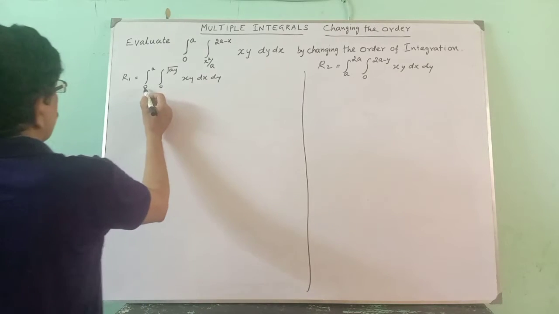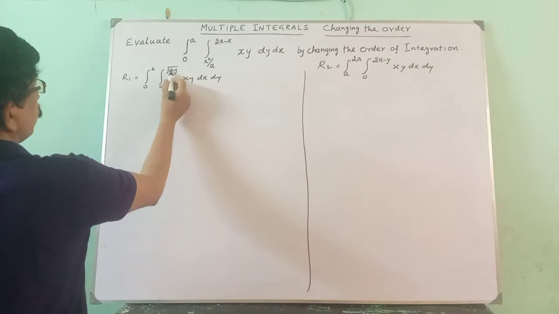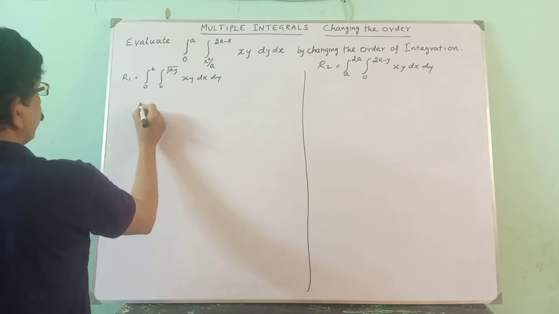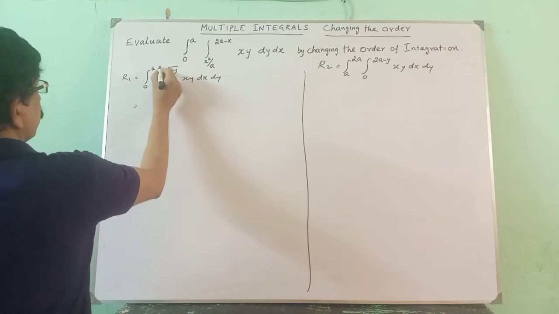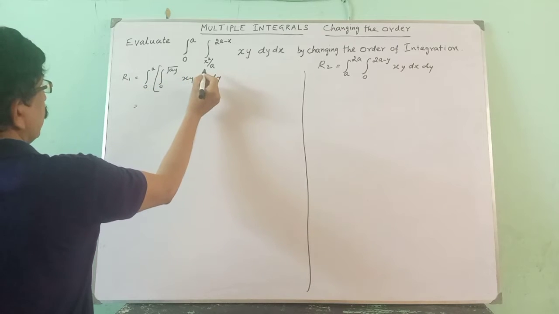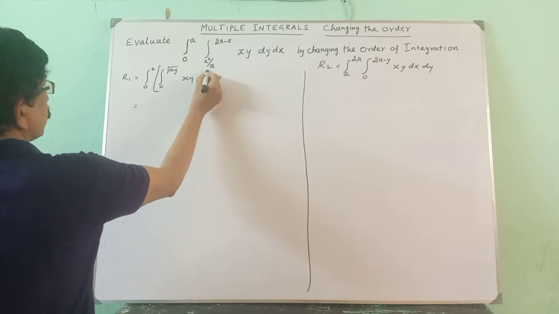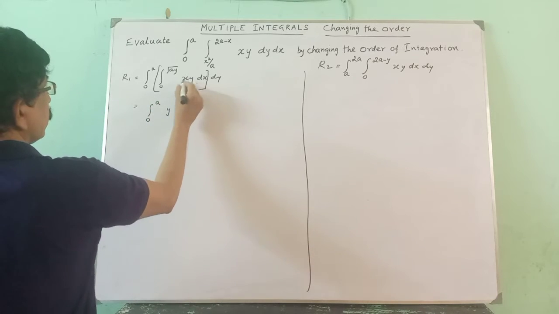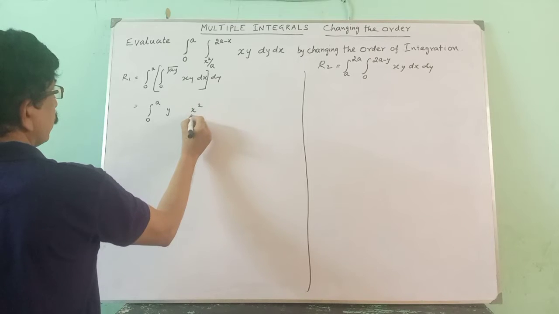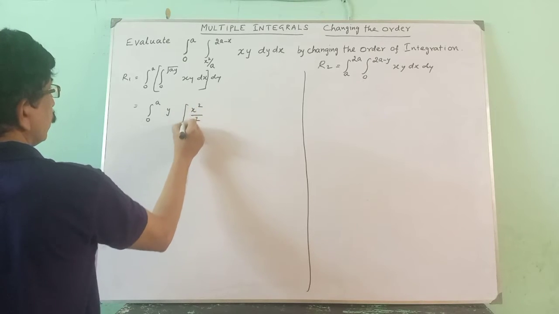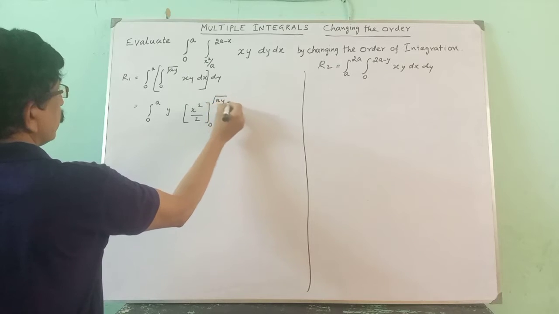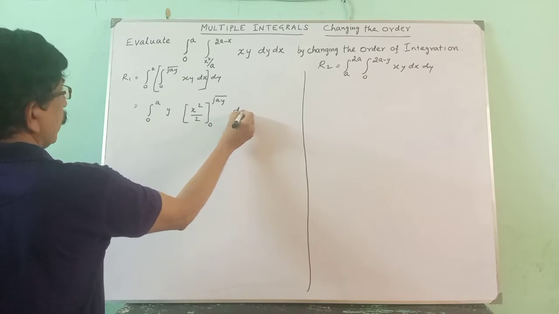R1: integration 0 to a, 0 to root ay, xy dx dy. First, integrating with respect to x, y is constant. x dx integration is x square by 2, limit 0 to root ay, dy.